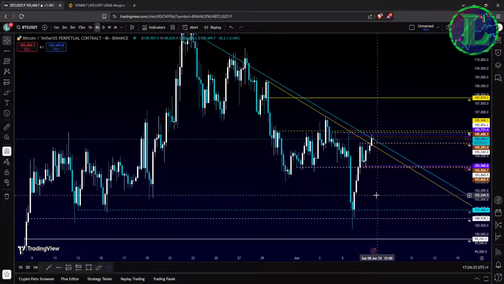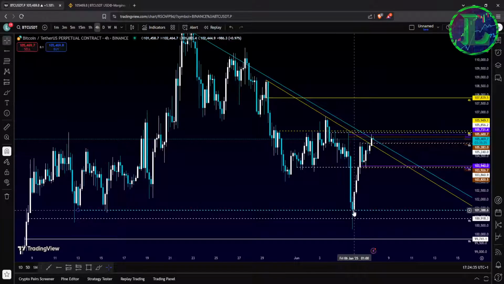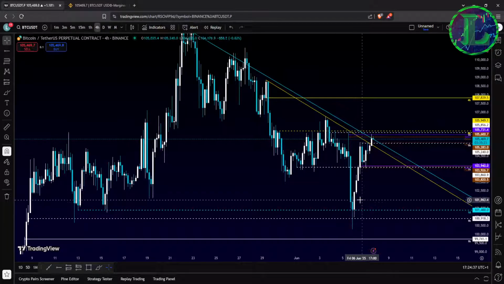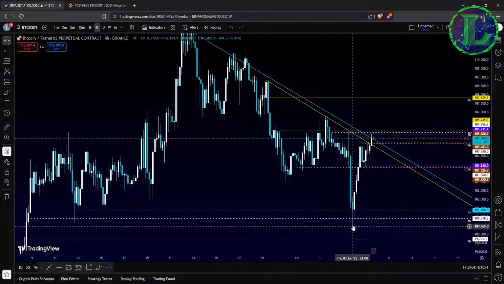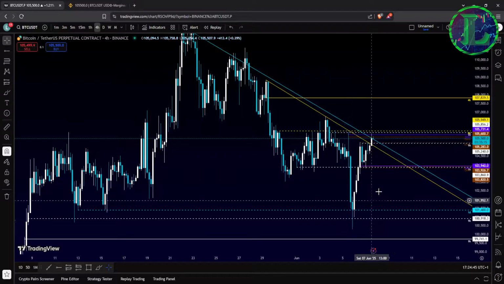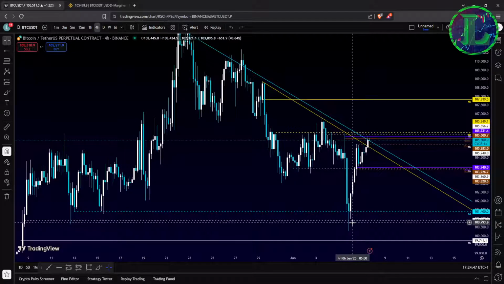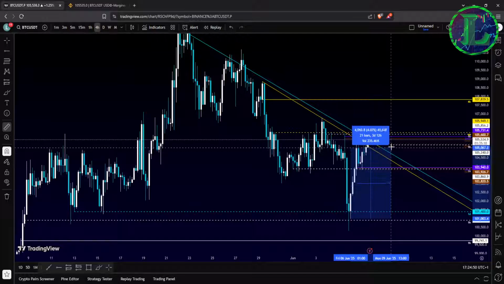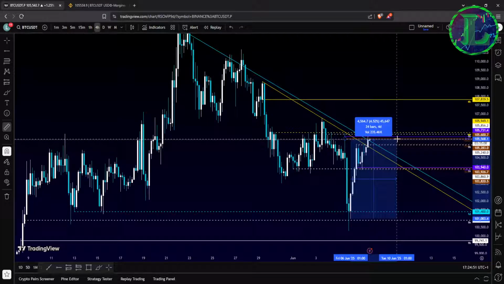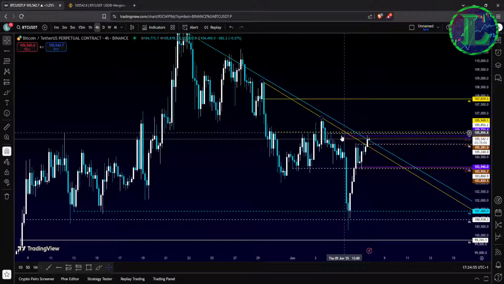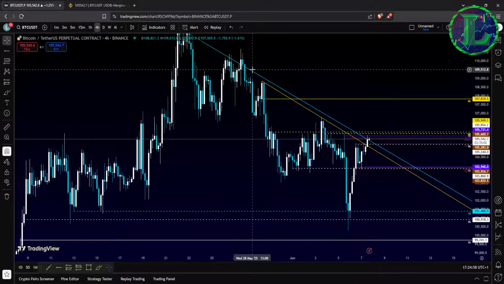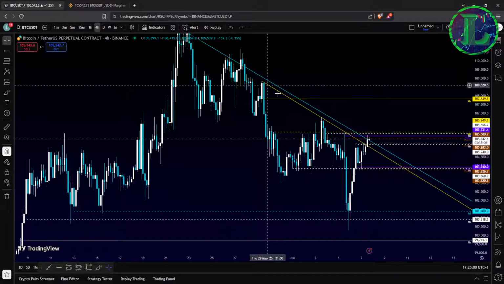Alright guys, so after yesterday's bump from that polarity on the 1 hour, it had a little dive and probably stopped and liquidated a lot of people because it had a massive move up of almost 5%, 4.5% already, testing the downtrend on the daily and also this 4 hour downtrend.